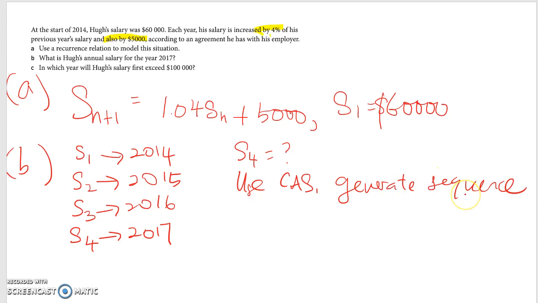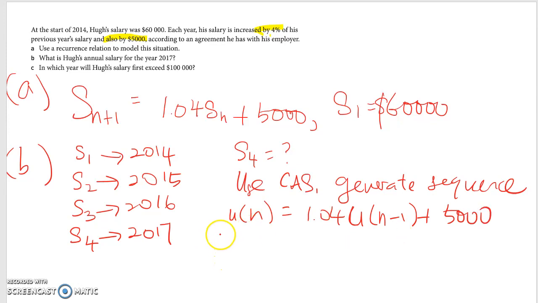So your sequence is going to basically look something like this. We would type in un, and un you would type in 1.04, where this is actually u, and minus 1, and plus 5,000, and you would also key in your initial term, and that would be 60,000. That would be your S1.